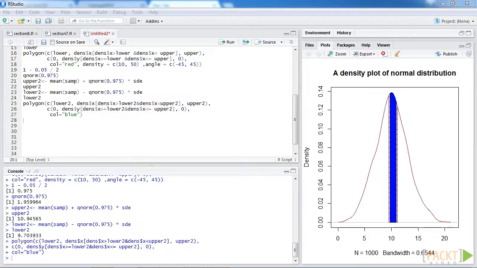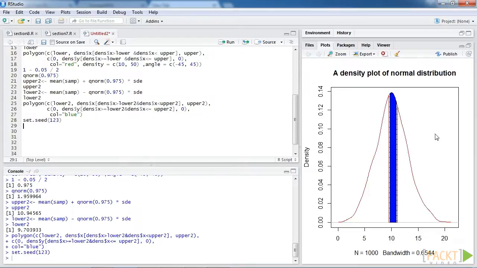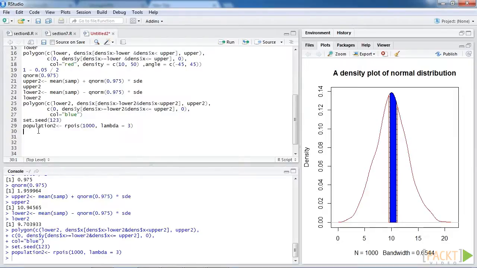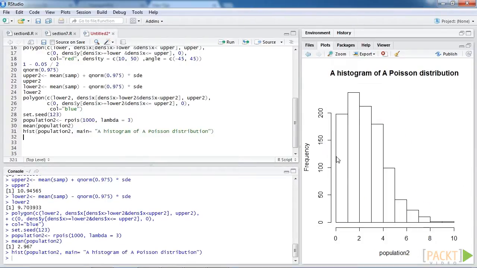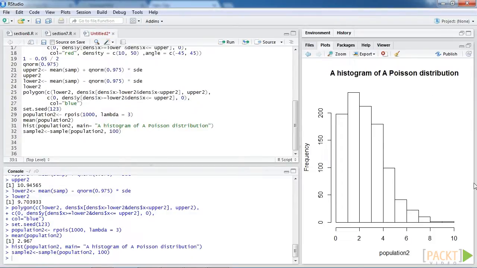Moving on, let's take a look at how to obtain the confidence intervals of a Poisson distribution. We use the rpois function here. Then we apply mean to it. Here's a histogram of the Poisson distribution. Then we sample 100 instances from the population.